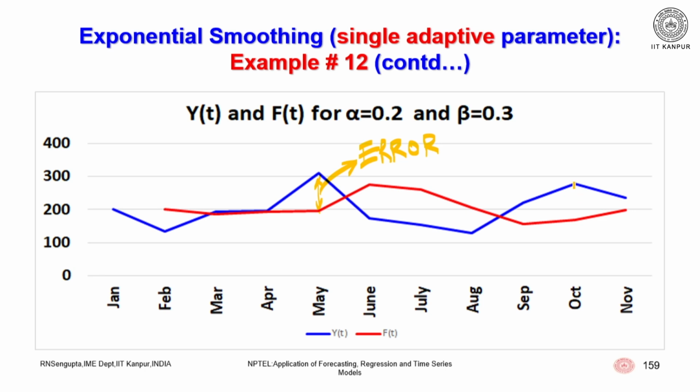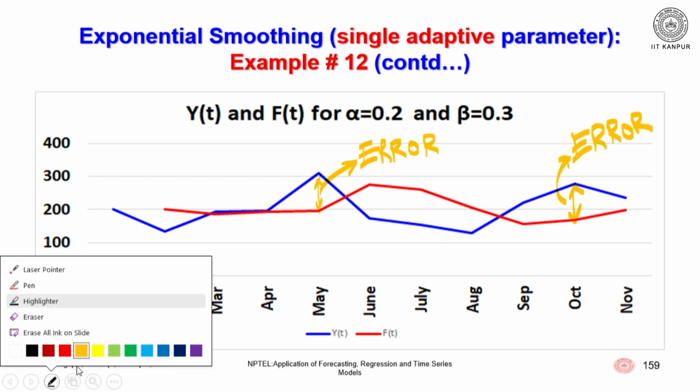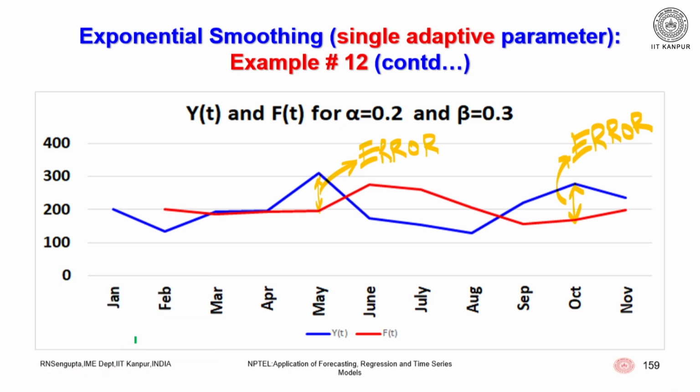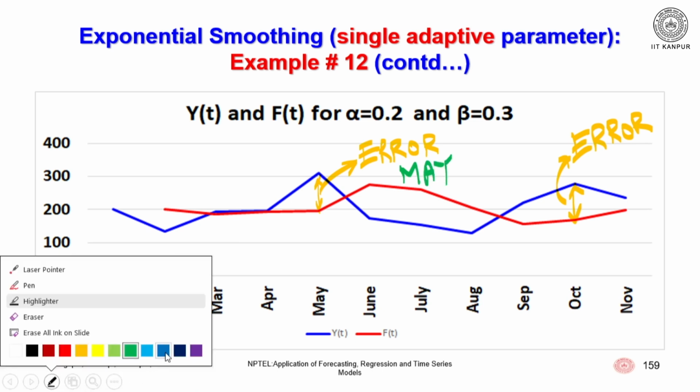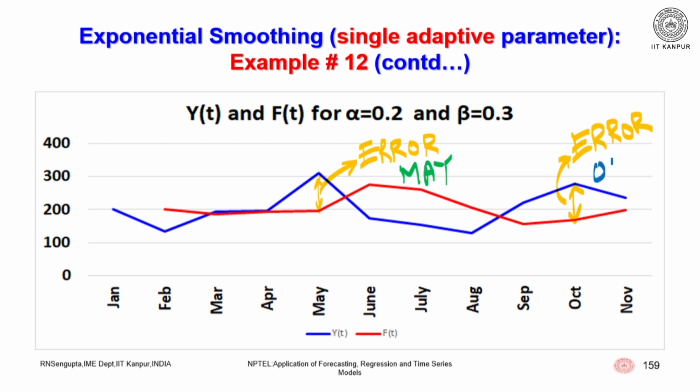Similarly, if I consider October, this is the error. So, to make it more clear, this is the error for May and this is the error for October. I am using different colors for the months, so there is no confusion.